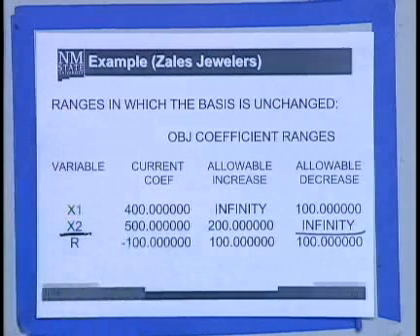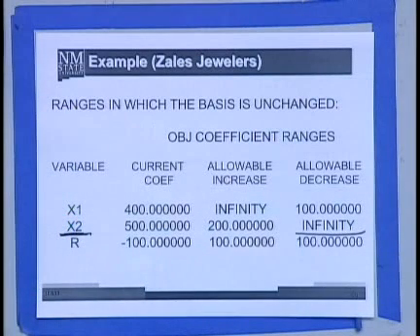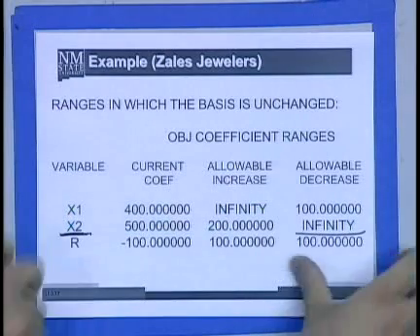Is that right? This seems intuitive because you will note that the solution indicates Jewelers should produce no more than the minimum number of type 2 rings. So a decrease in profit would obviously not make it more attractive to produce these rings. So the answer is no, right?